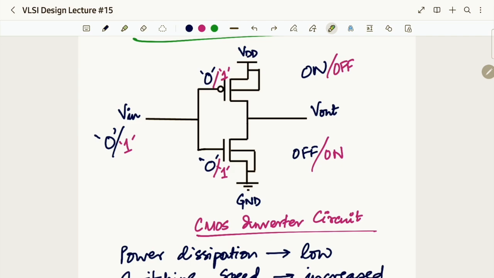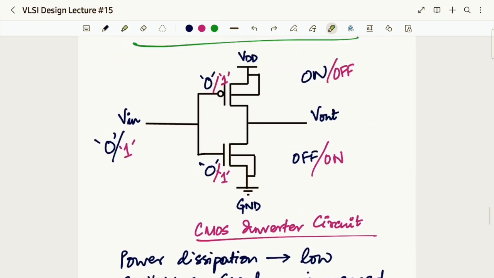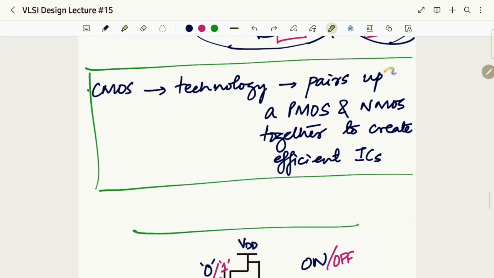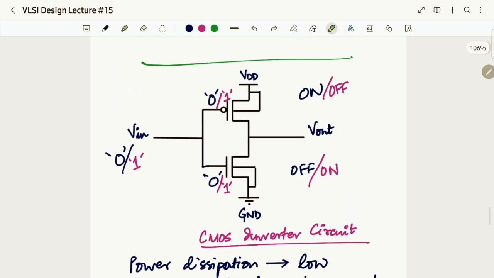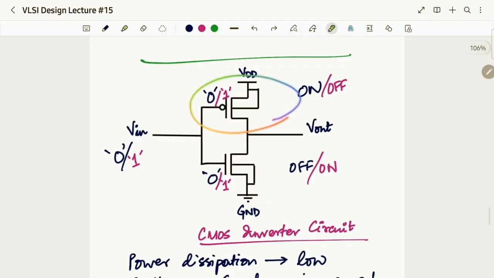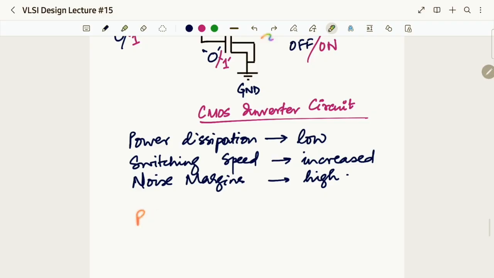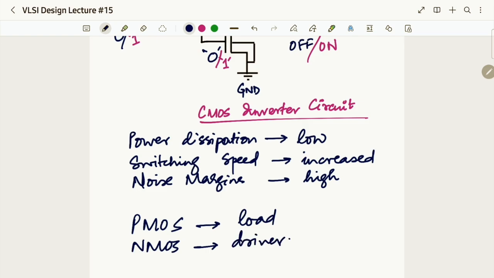Now everything in VLSI will be of a CMOS design, and a CMOS design will always pair up a PMOS and an NMOS. But what was the problem in our predecessors? The load. So PMOS is our load, NMOS is our driver.